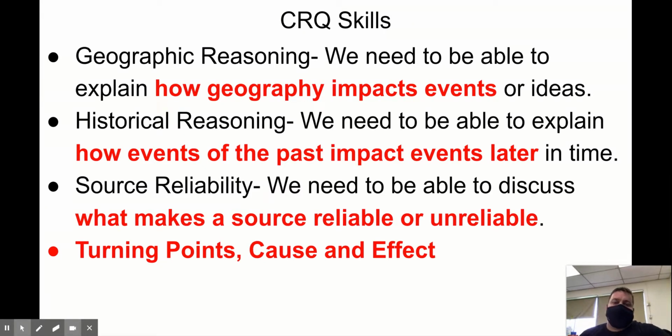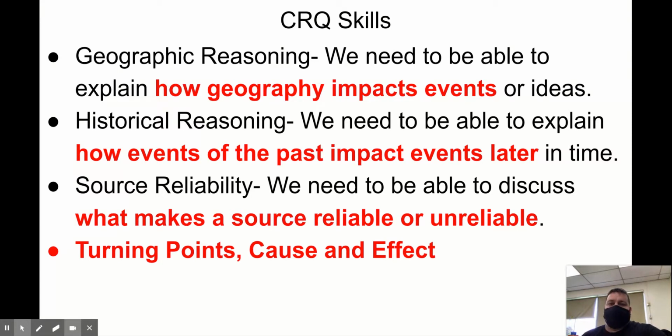All right, so while you finish up, there are a couple of skills that we need to have in order to do well on the CRQs. The first thing is we need to understand geographic reasoning, meaning how does geography impact the course of events, right?